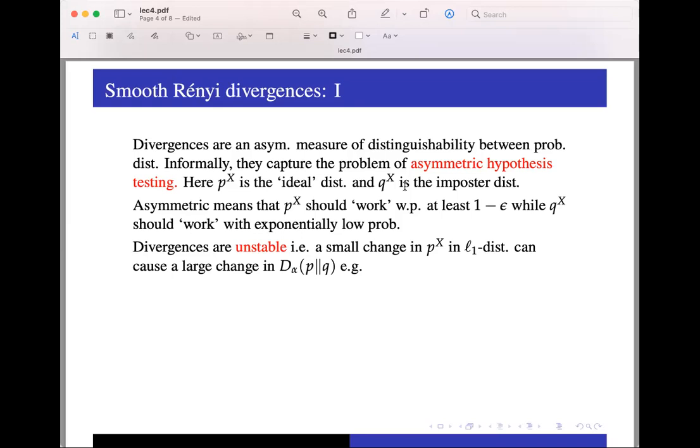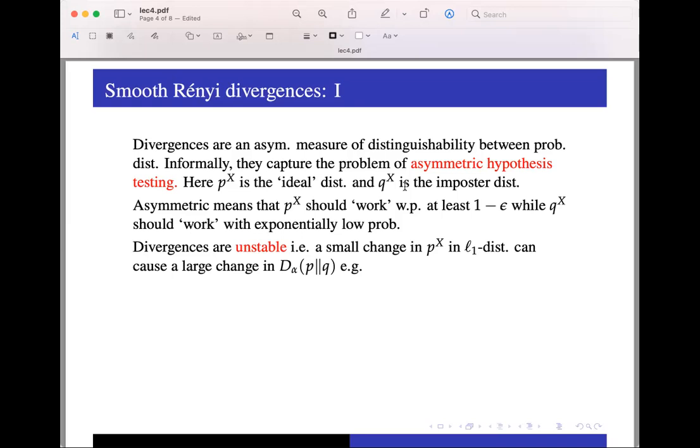But more importantly, it should reject the impostor pictures of some other cat or a dog or a tiger with very, very high probability. In other words, the impostor distributions should pass off as my cat with exponentially low probability. This is a requirement. I don't want the impostor cats to enter my house, so I really want to guard against them. They should pass the hypothesis test with exponentially low probability. All divergences are like that.